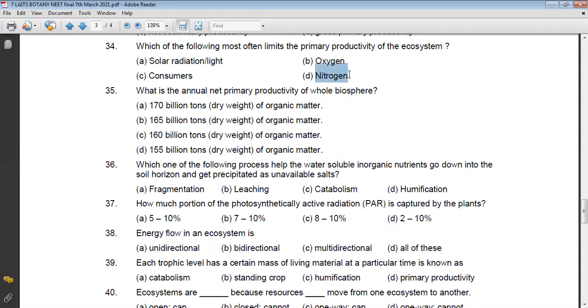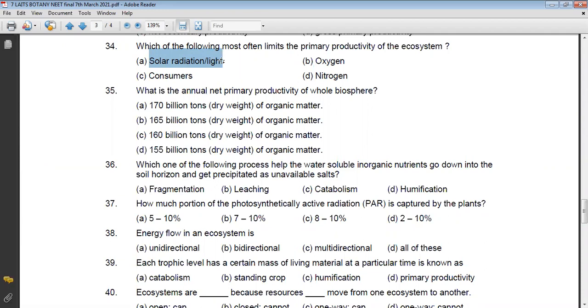It is the nitrogen. Okay, sorry. In an aquatic ecosystem, it will be nitrogen, but otherwise it will be solar radiation. It is solar radiation, light, because it is the ultimate source of energy, so it can limit. And in an aquatic ecosystem, if it is given, then it will be nitrogen. So in this case, our answer will be solar radiation.